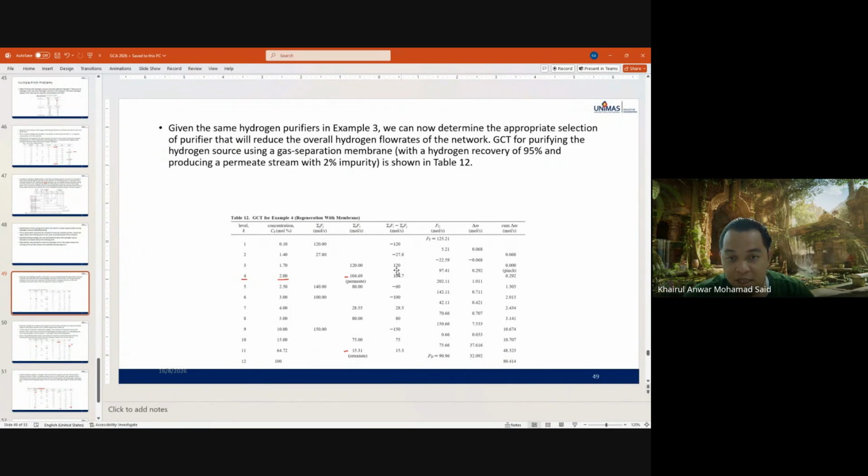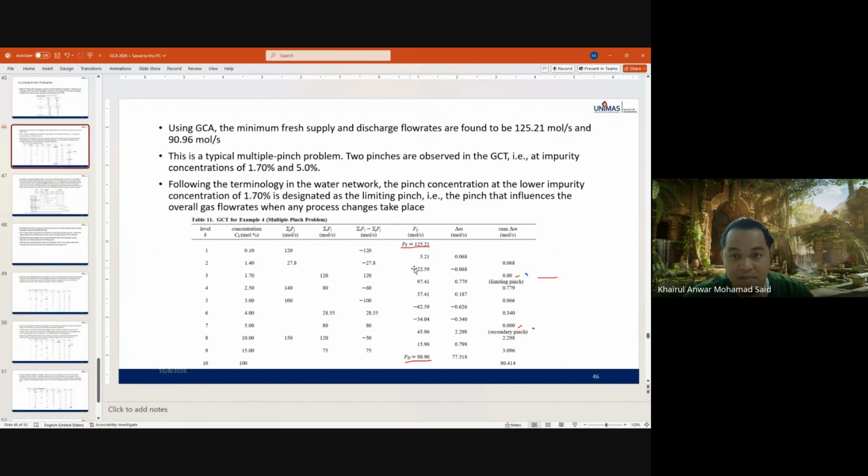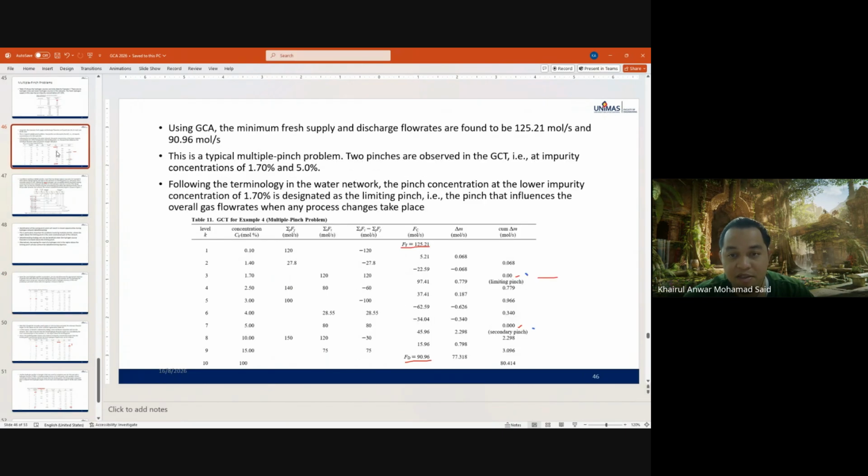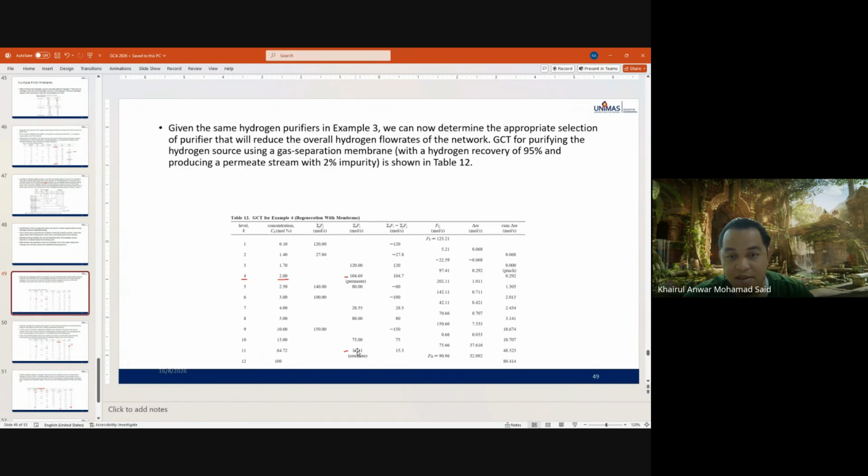So the pinch occurs at the same level, similar to without the membrane. So meaning since it's below the concentration of 1.7%, the amount of fresh is not reduced. Yeah, similar.